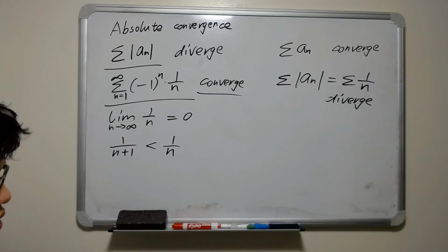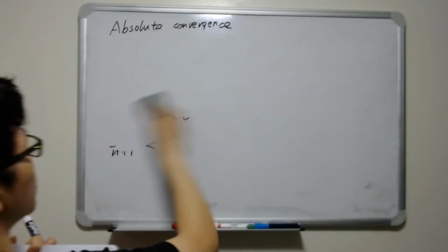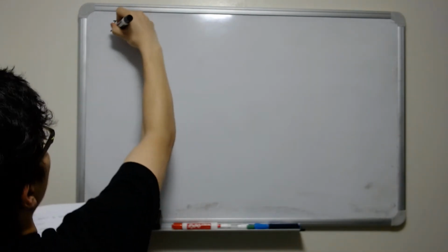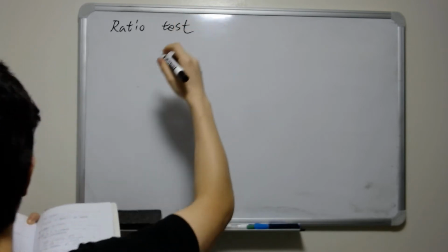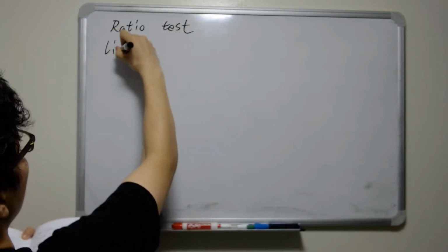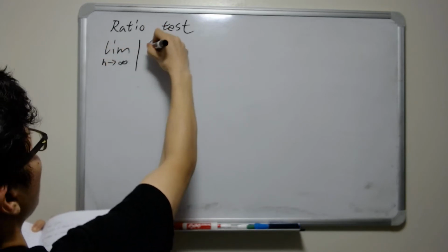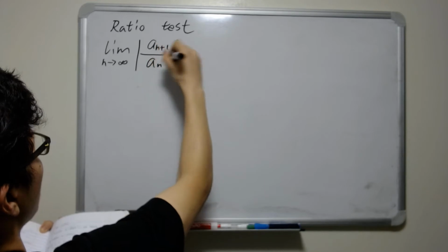Okay, so let's go to the ratio test. The ratio test is we need to find the ratio of the n plus 1 term to the nth term.